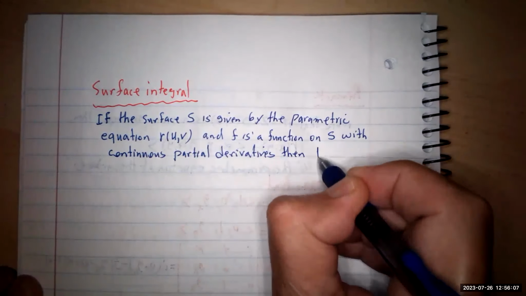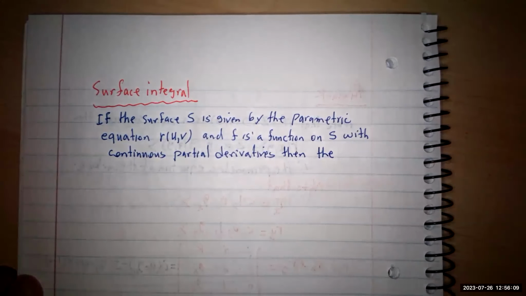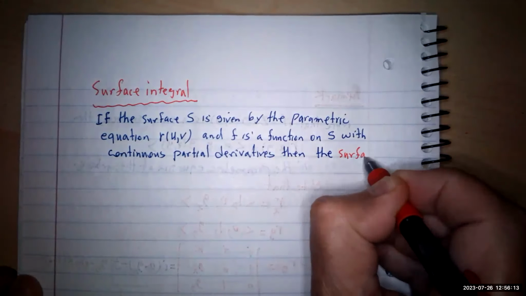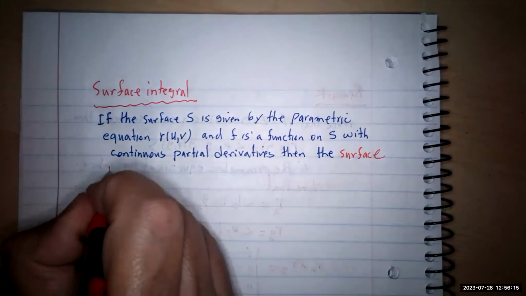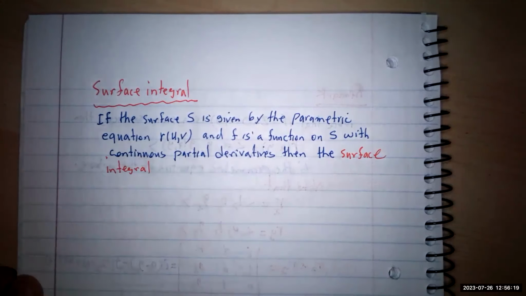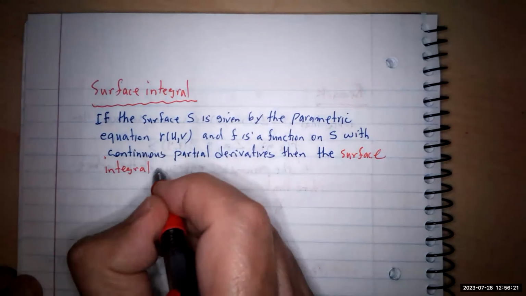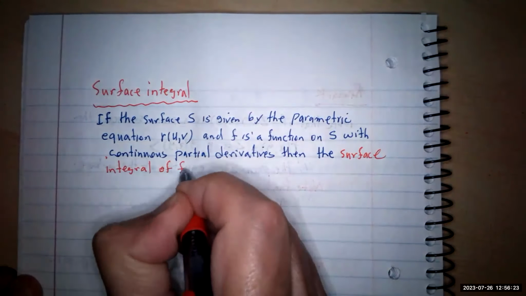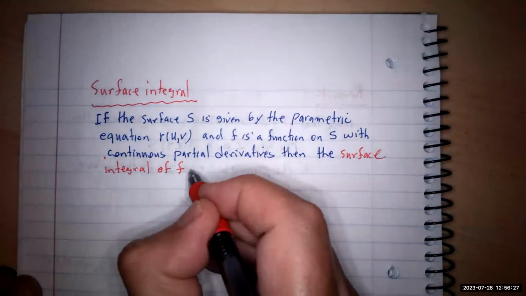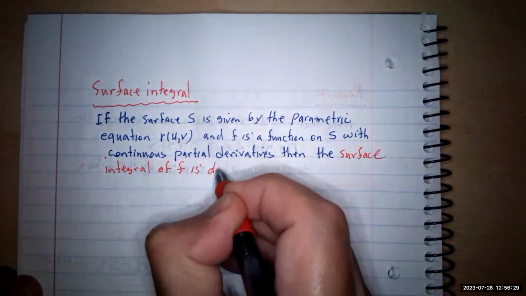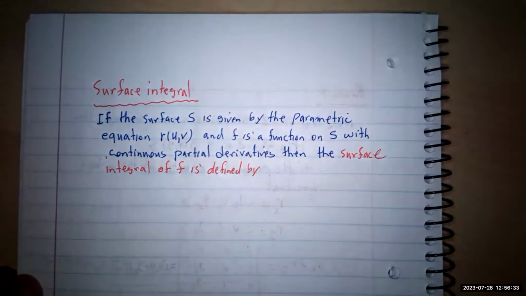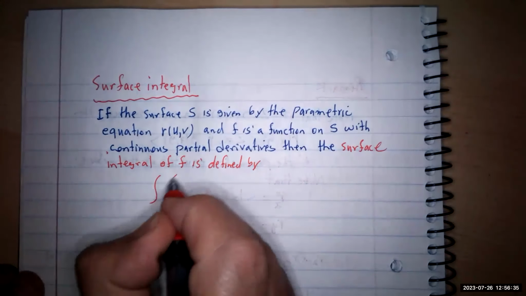Then the surface integral of the function F over S is going to be defined by, that's it, a double integral.